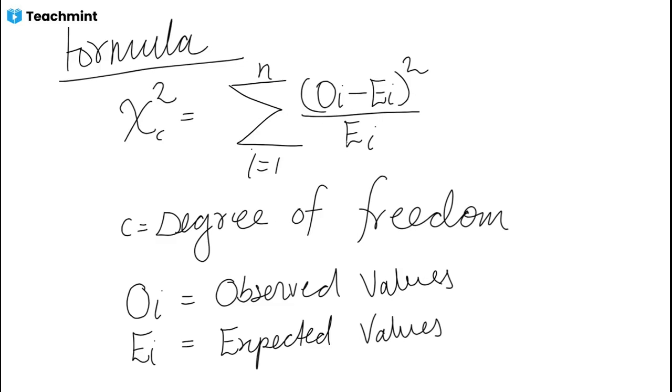So degree of freedom will be 1, because degree of freedom is n minus 1, and we have black and white only, two values. We usually find this chi-square value and compare it with the tabulated value at the 5% level of significance with 1 degree of freedom. Its tabulated value is 3.84.